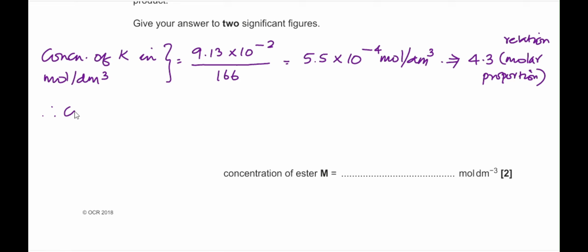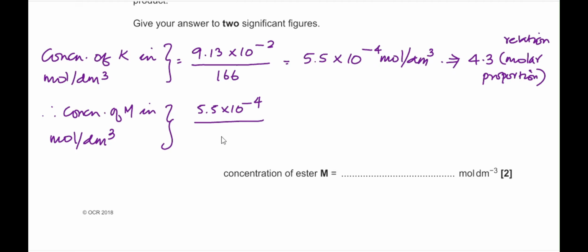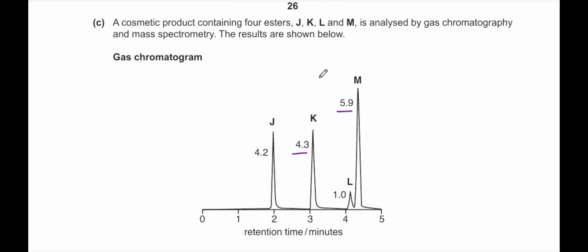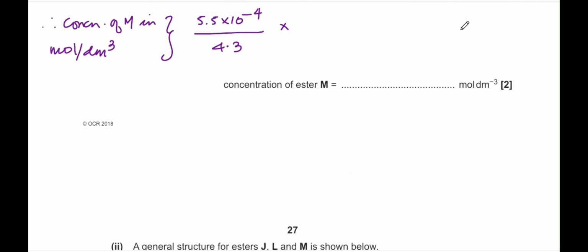Therefore, concentration of M in moles per dm cubed will be equal to this thing, 5.5 times 10 to the power of minus 4 divided by 4.3 multiplied by the molar proportion of M, which is 5.9.